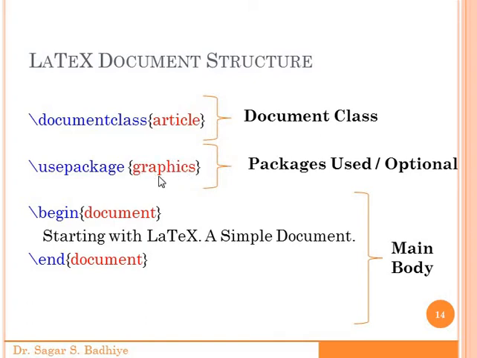An example is the graphics package. The third part of the LaTeX document is the main body, which marks the beginning of the actual document. The main body is marked between the \begin{document} and \end{document} commands.